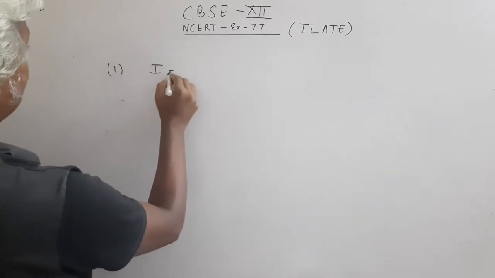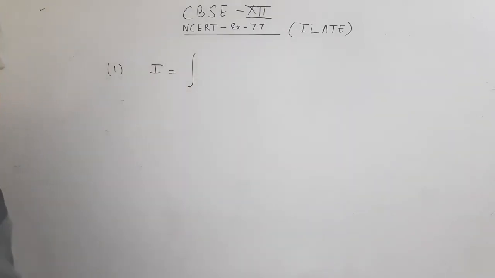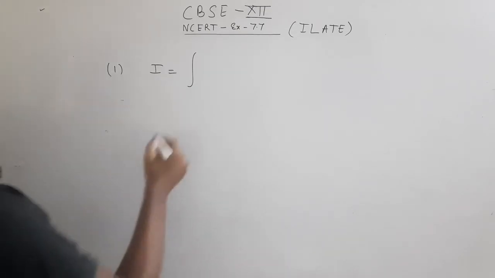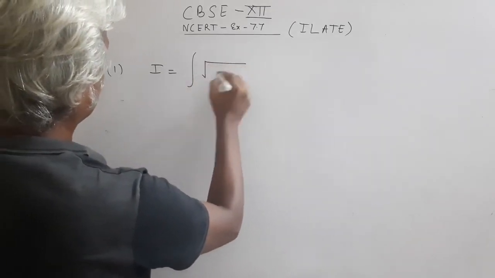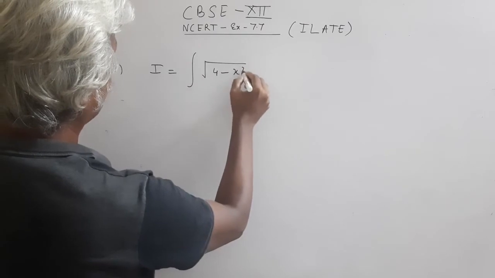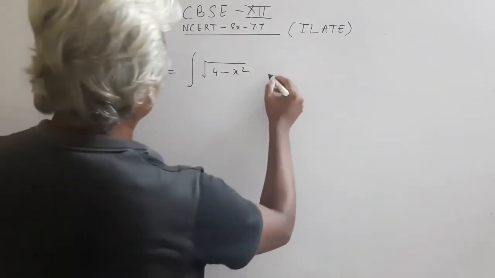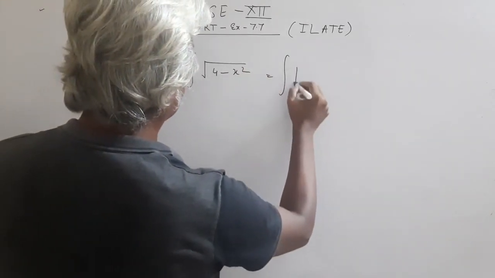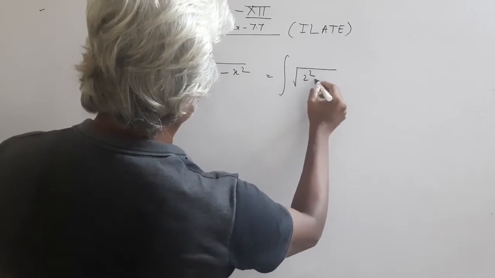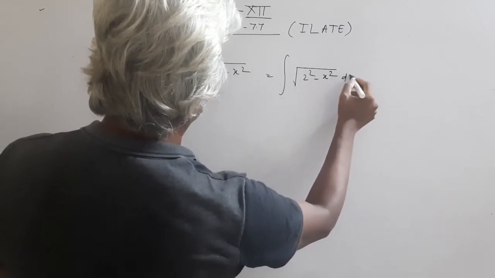Find the integration of under root 4 minus x square. You can write this as under root 2 square minus x square dx.